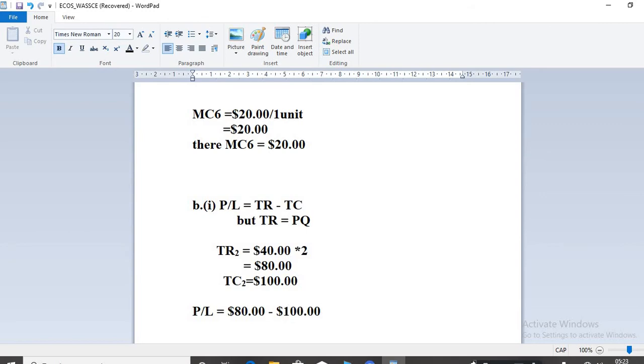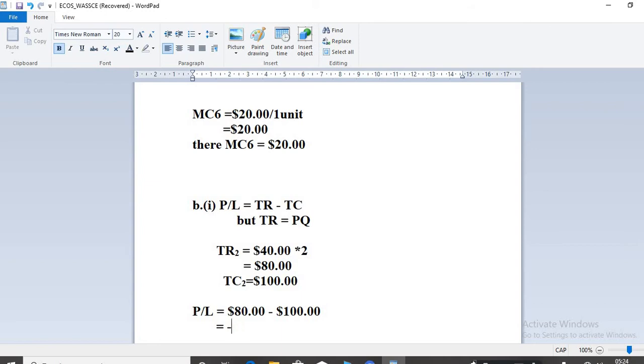At the end of the day, we are getting a negative figure, which is a loss. So 80 minus 100 will give us minus 20, right?